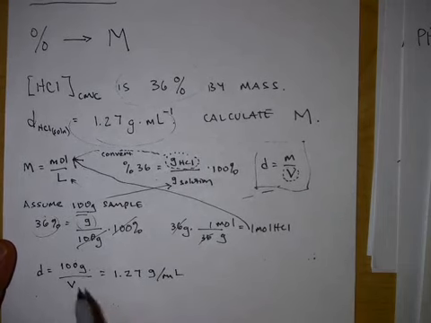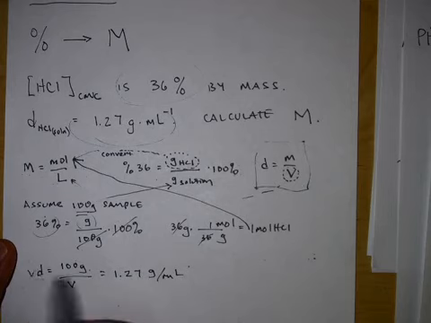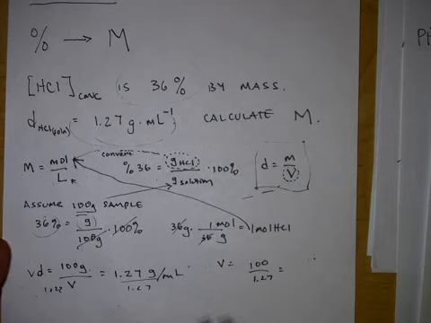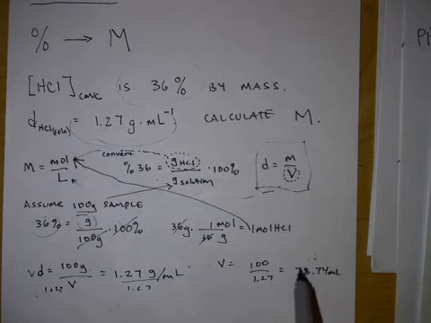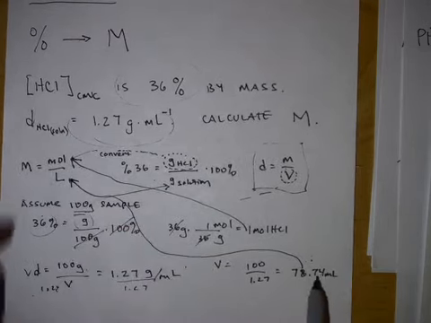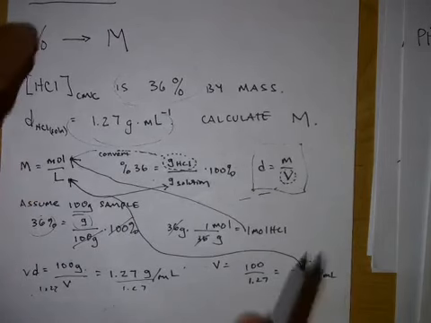So to solve this equation, multiply both sides by V, divide both sides by 1.27, and so then volume is equal to 100 divided by 1.27, which if you punch that into your calculator turns out to be 78.74 milliliters. That goes in here, except it can't be in milliliters. I have to convert it from milliliters to liters.